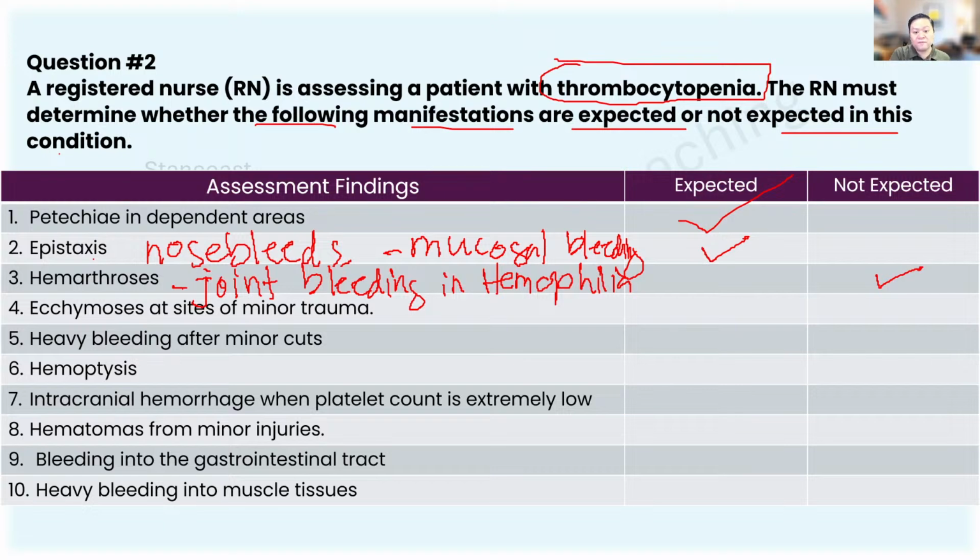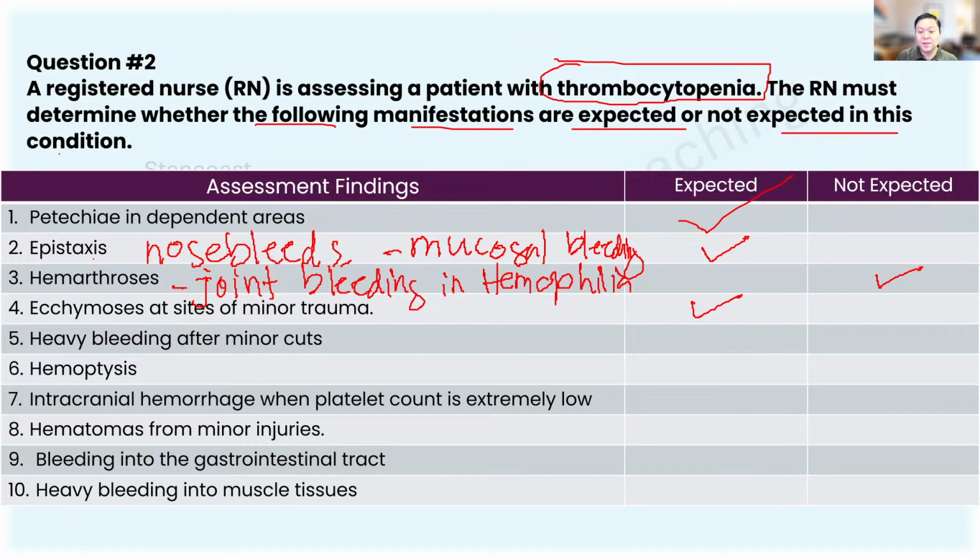What about number 4? Ecchymosis at sites of minor trauma. Remember that those are bruises which are larger, and they can easily be seen at sites of minor trauma in patients with thrombocytopenia. So this is going to be assigned to the expected findings. What about number 5? Heavy bleeding after minor cuts.